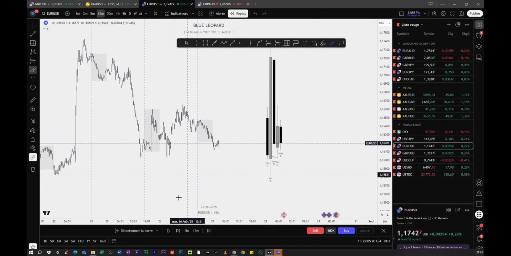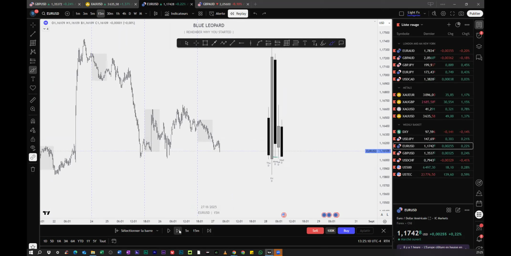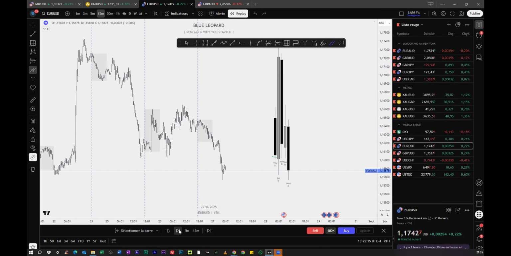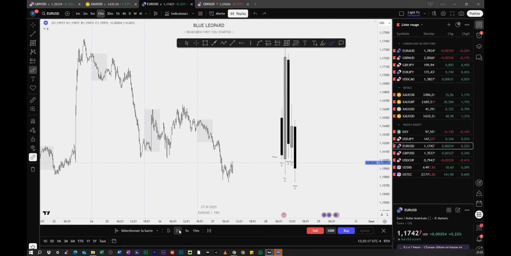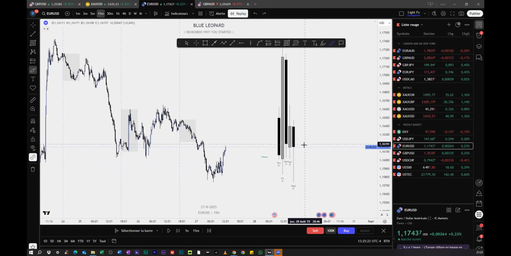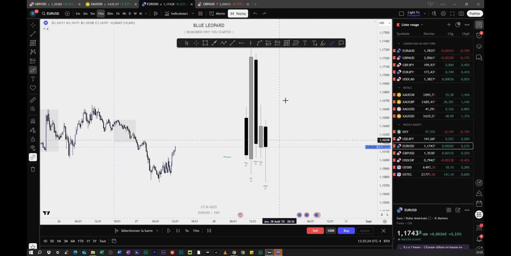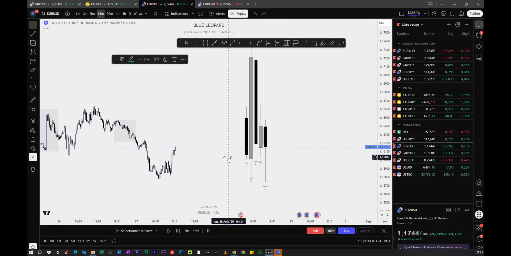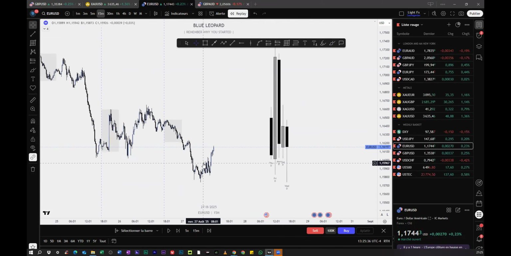So the next day we expect to see price create a low and then go up and break structure. What did I tell you?